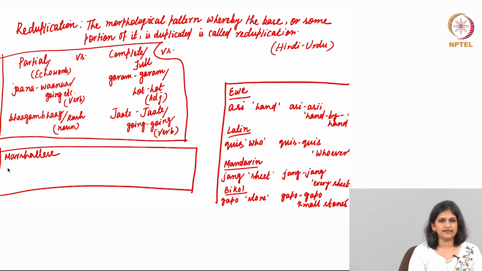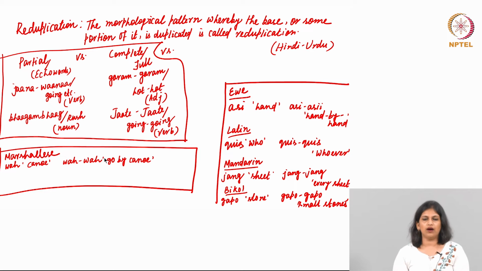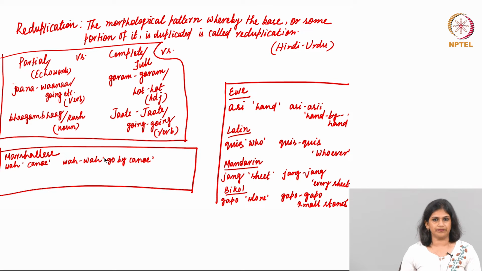So, I will write two examples here. One is wa, which means canoe, and when it is reduplicated, you see wawa, that means 'by canoe', right. So, this is an instance that seems to be a full reduplication.